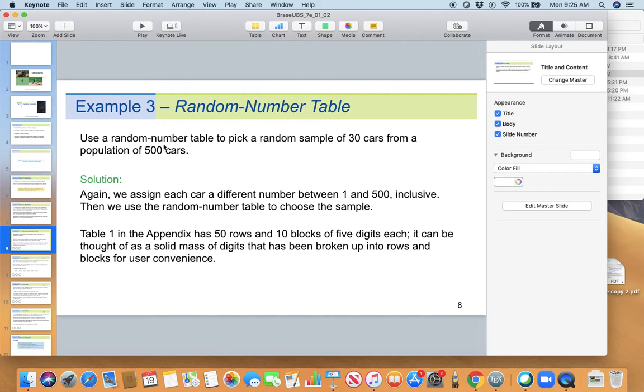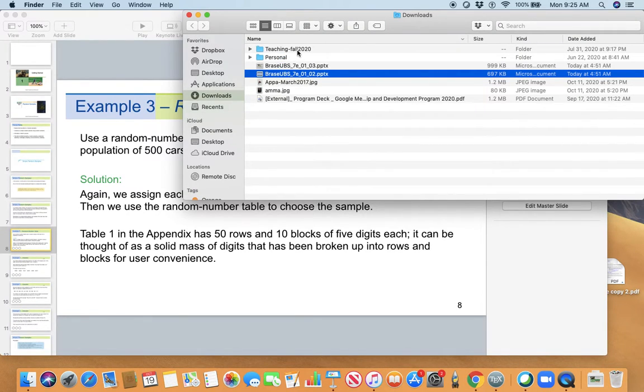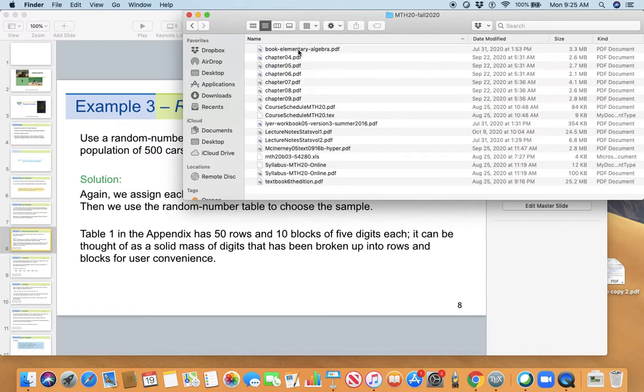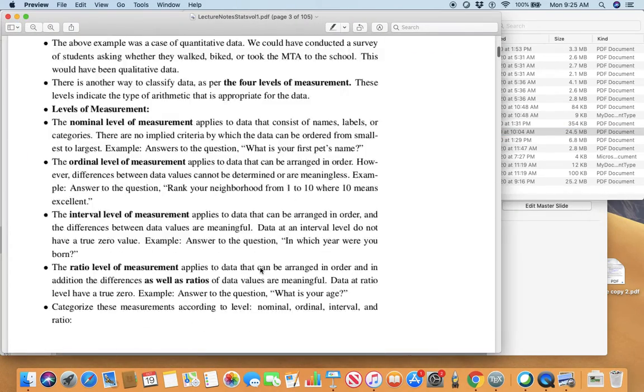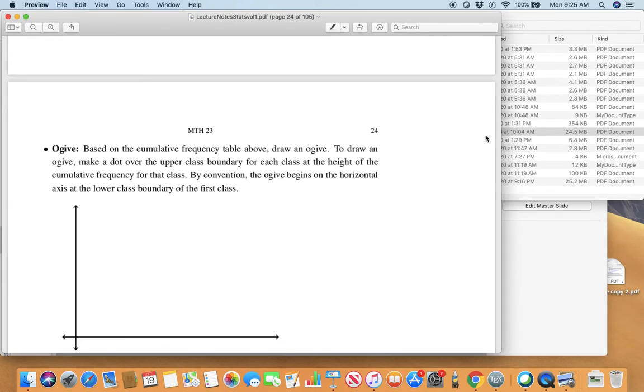Now you are going to use a random number table to pick a random sample of 30 cars from a population of 500. Now, how do we do this? Well, we are going to use a certain table. Okay, it is in your appendix. So, the appendix of the textbook, you will find it in my lecture notes towards the end.